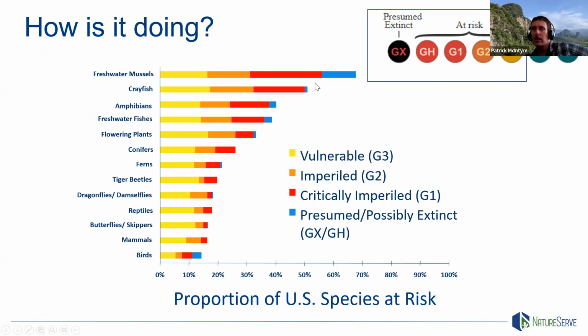And you can see NatureServe has status ranks for just about every species in North America, many subspecies as well, with freshwater mussels, crayfish, amphibians, freshwater species popping out with over 50%, 35%, and so forth, at risk in the United States. Looking at flowering plants, ferns, conifers down here.